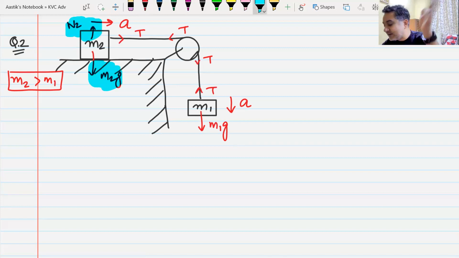It cannot move like this. So what is the value of N2? M2G. So you told me that you did not get the equation for M2. You got the equation for M2. Now look at these two things and tell me what is the equation for M2 in the x direction.